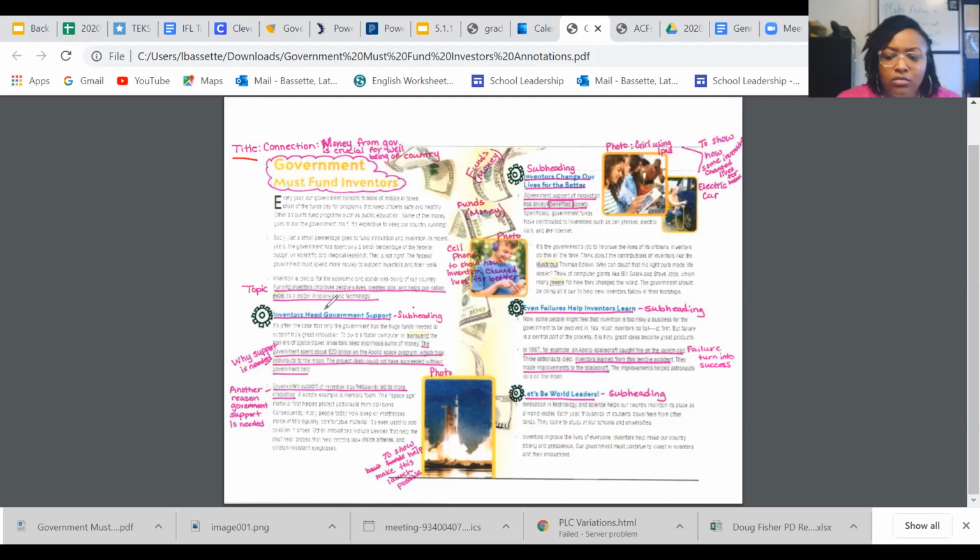So it covers the topic. If you want to have the kids label subheading, they still have to come back and give some type of topic of what this section is about. And did we all have the annotations for each section, the key idea for each section? Yes. Okay.